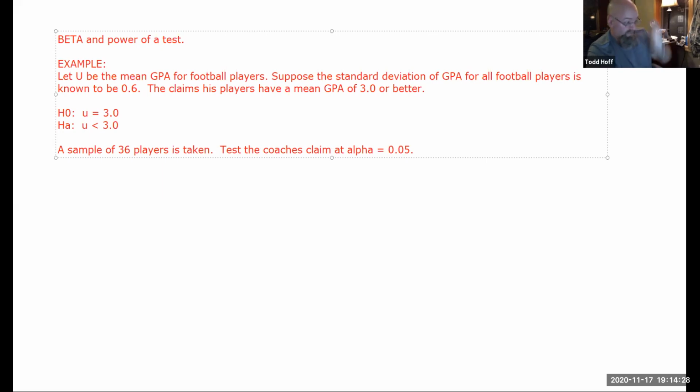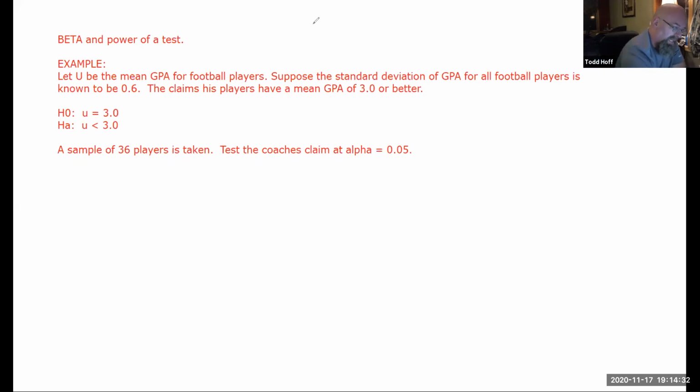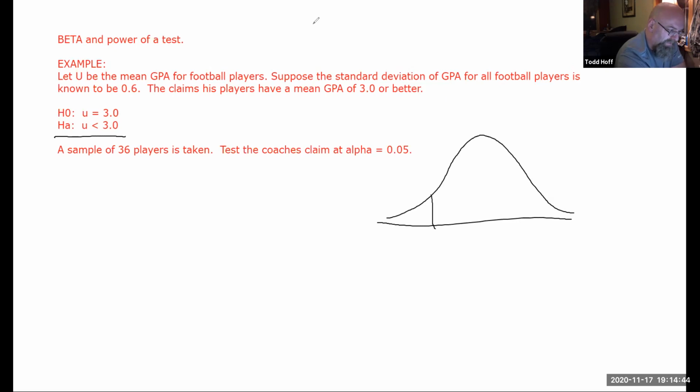Now, first, alpha is very important here for establishing the power of a test because we have to find our critical value of z. So here's our bell curve. Our alternative is less than, so that means alpha of 0.05 is a lower tail because it's a lower tail test. We need to find that corresponding z-score.